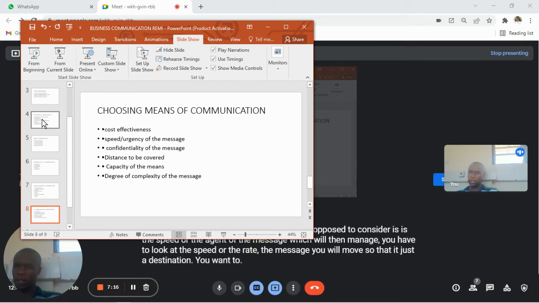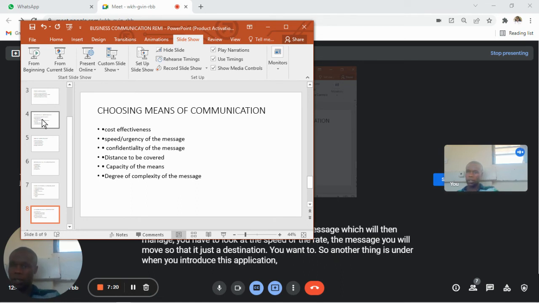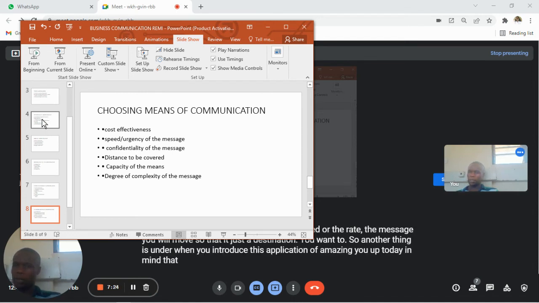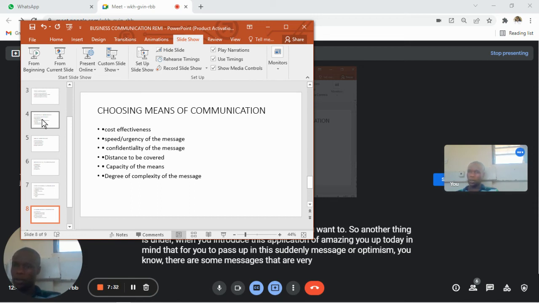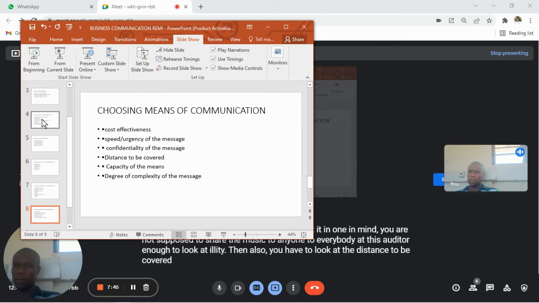Another thing is that when you want to use means of communication, you have to look at the confidentiality of the message. For you to pass a certain message, you have to look at the secrecy of the message. There are some messages that are very confidential, so you have to bear that in mind. You are not supposed to share the message with everybody out there. Then also you have to look at the distance to be covered for you to choose a certain means of communication.